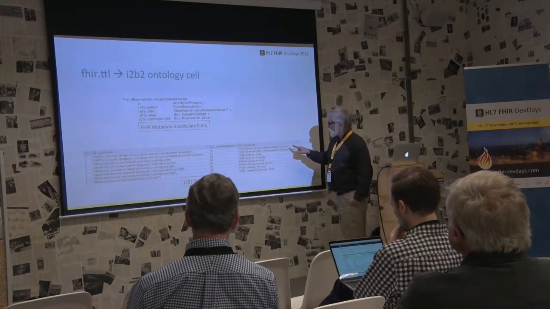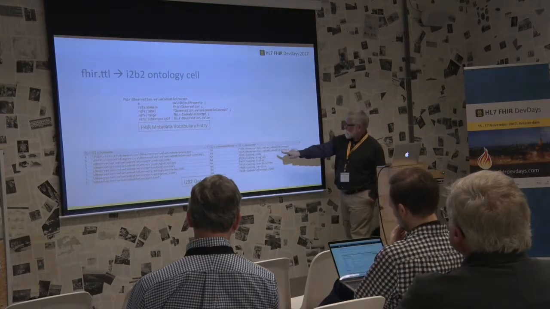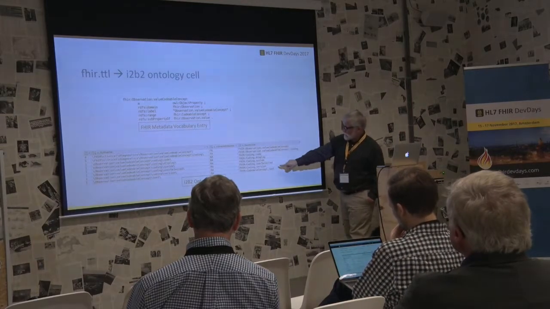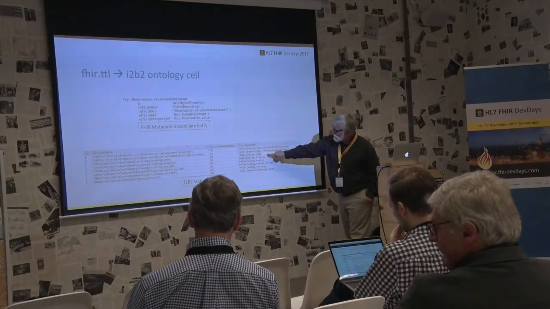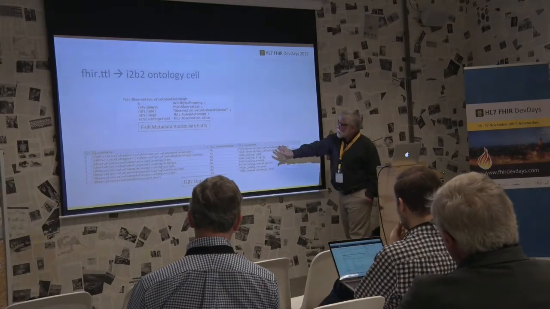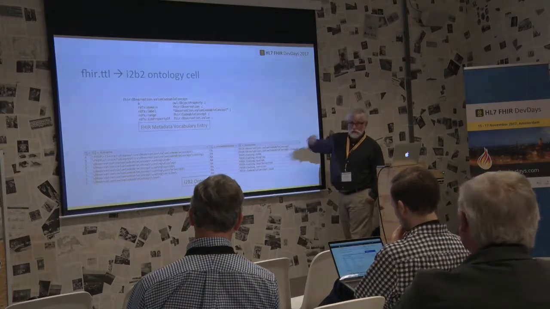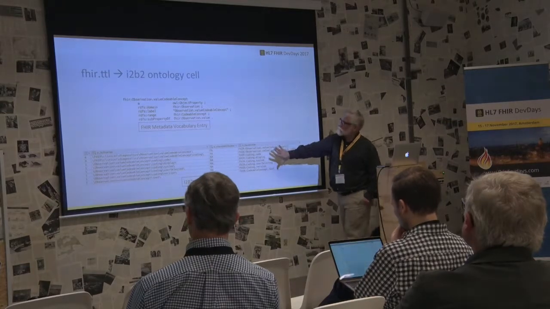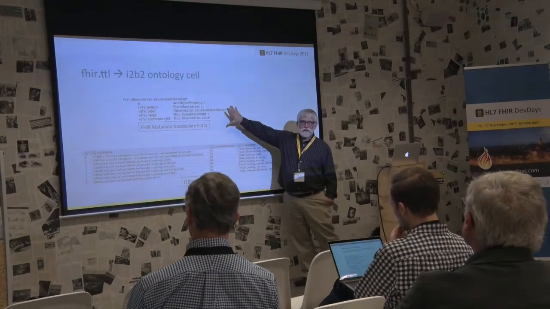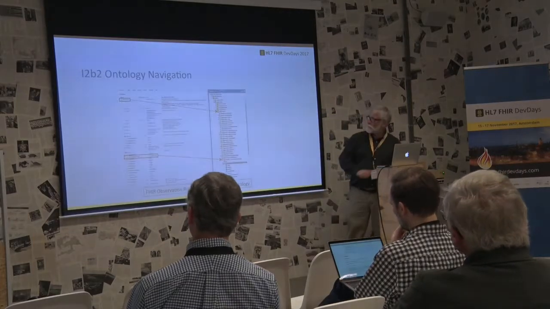This is the concept code, which is taken right off of there, the value codable concept, and then at the moment, well, we've got the coding, and then we have a code display system, etc. One of the things that we do need to do is collapse the FHIR data types into the I2B2 data types, but for this first approximation, we are just taking FHIR.ttl literally and putting it into the navigation cell.